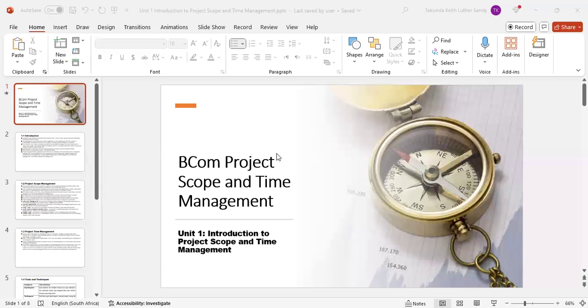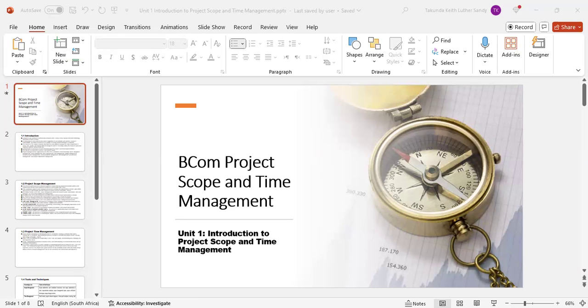But we already know, or I believe by now, everybody has checked the module that you guys will be working on. And this module of ours comprises units. There are 10 units that we are going to look at in this module.